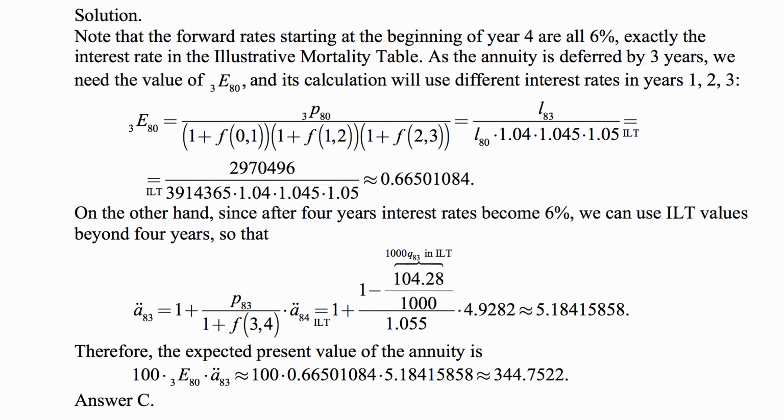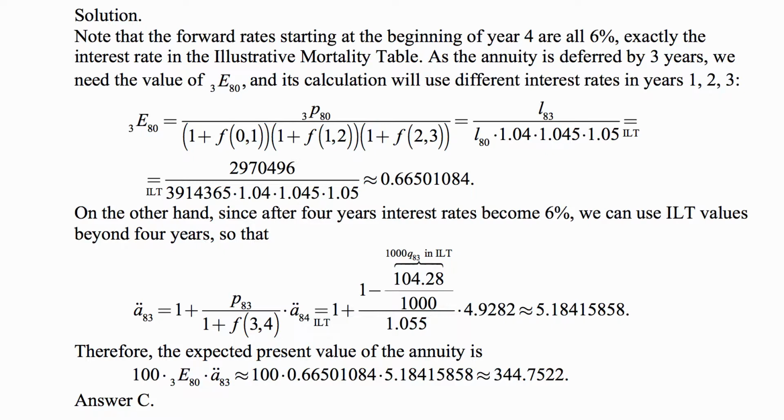And here's the solution. As I said, all the rates starting in the beginning of year 4 are 6%, and we can use the illustrative mortality table from that point on. Now the annuity is deferred by 3 years, and we will therefore need the value of the 3-year pure endowment for discounting payments from time 3 on, with that factor of 3E80 as actuarial discount factor from time 3 to time 0.